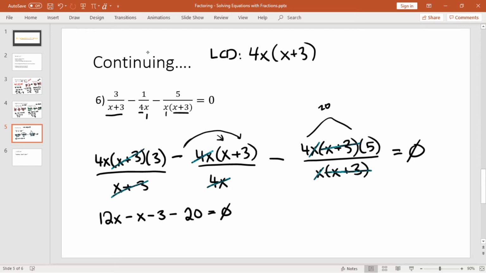Equals 0. Cleaning it up, 11x minus 23 equals 0. 11x equals 23. x is equal to 23 over 11. Something that you just never would have guessed.